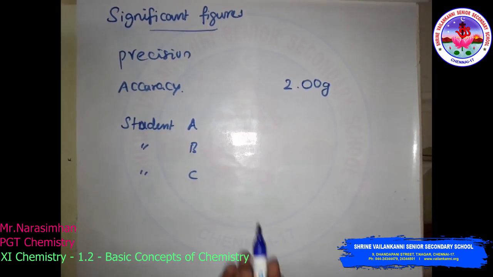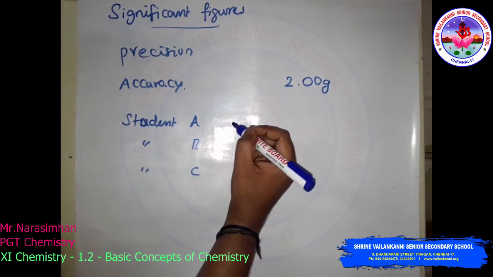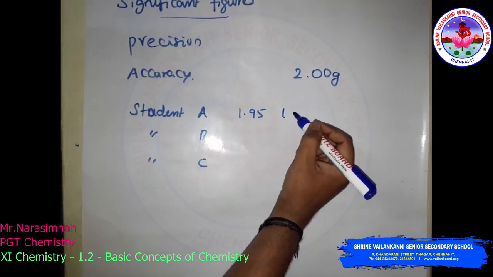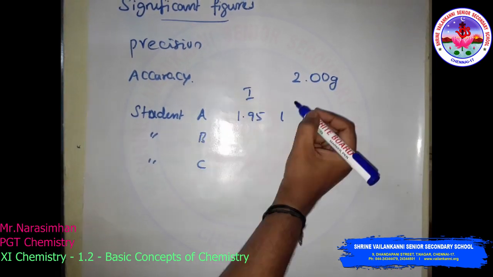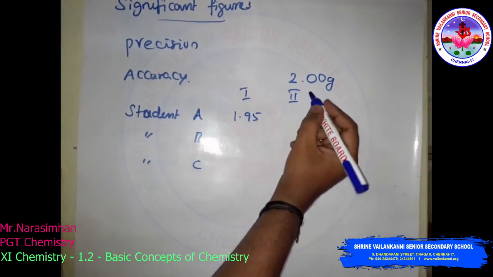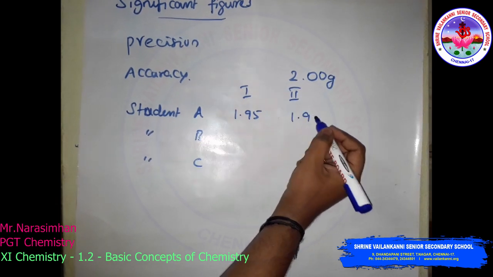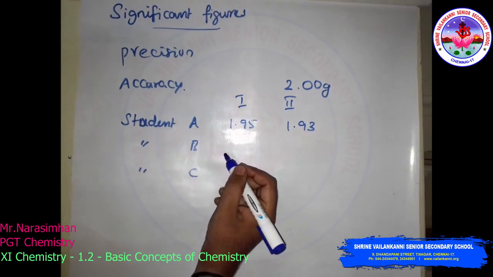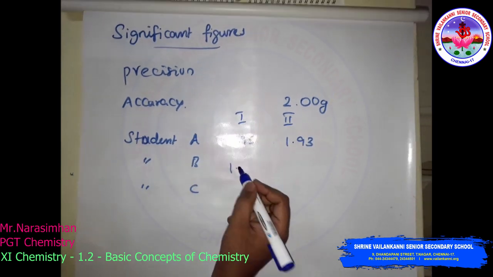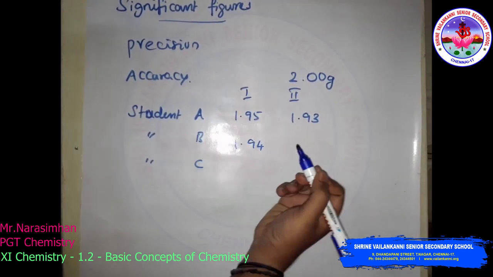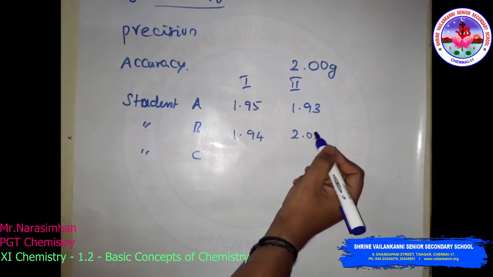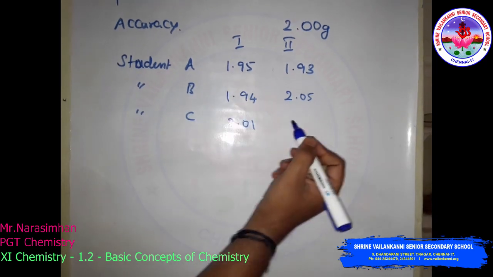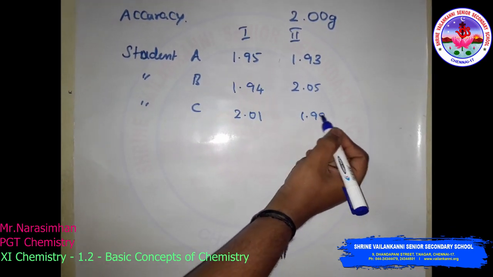Student A reports experiment 1 as 1.95 and experiment 2 as 1.93 gram. Similarly, student B reports 1.94 and 2.05 gram, and student C 2.01 and 1.99.